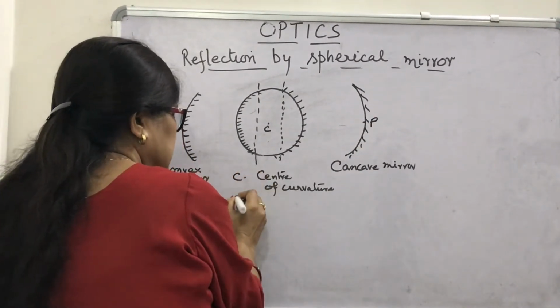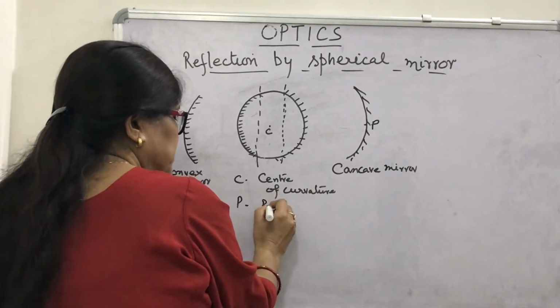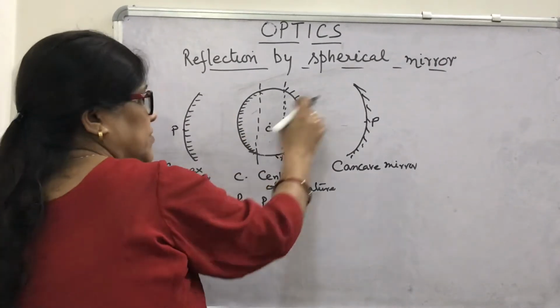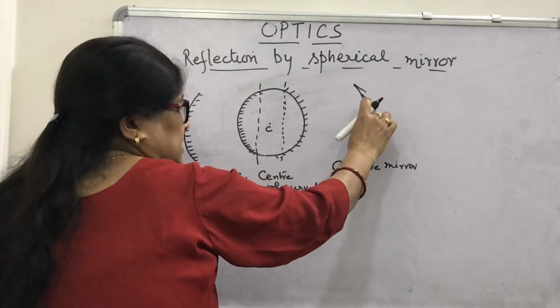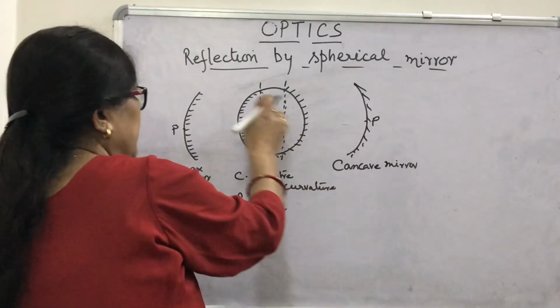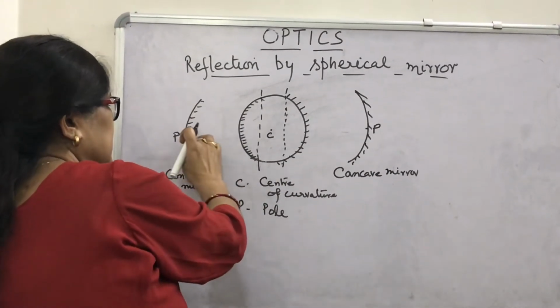So C is the center of curvature, and what is the pole? The geometrical midpoint, the center of this portion of the mirror. This is called the pole.